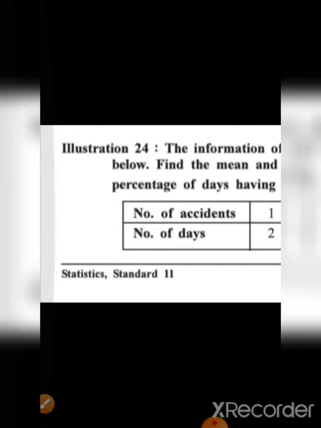Then further, they have told us to find the percentage of the days having the number of accidents lying between the limits. Over here, they have given us the limits: x bar plus minus standard deviation. Again, see the final question, it is important. Find the percentage of the days having the number of accidents lying between the limits x bar plus minus standard deviation.